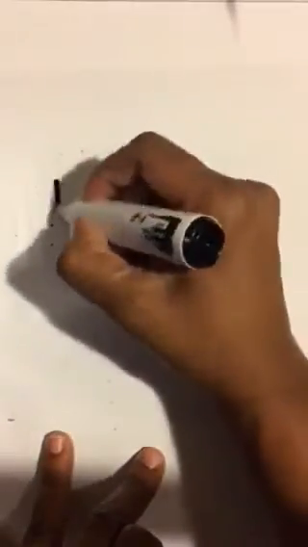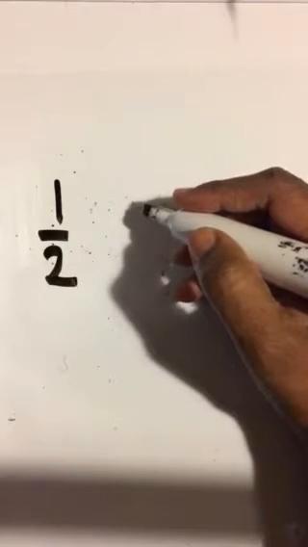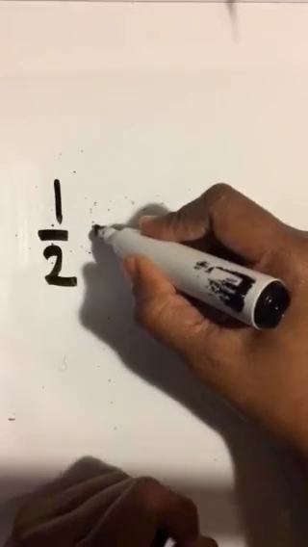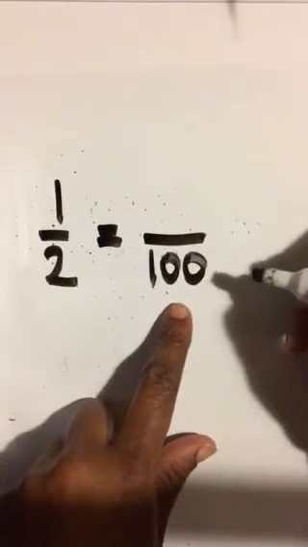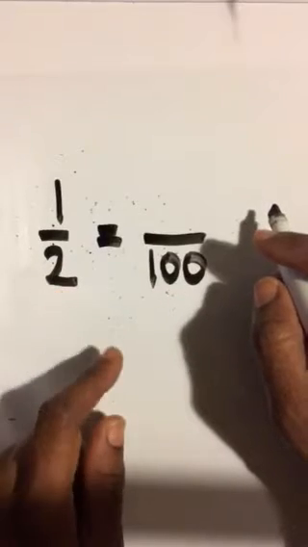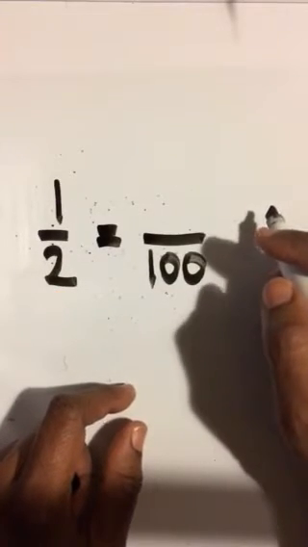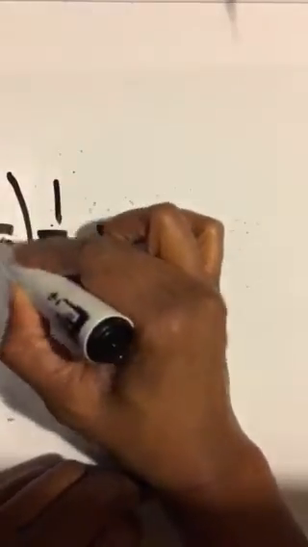For example, let's look at 1/2. I want to think, what do 2 and 100 have in common? Well, 100 divided by 2 is 50, or 2 times 50 is 100.